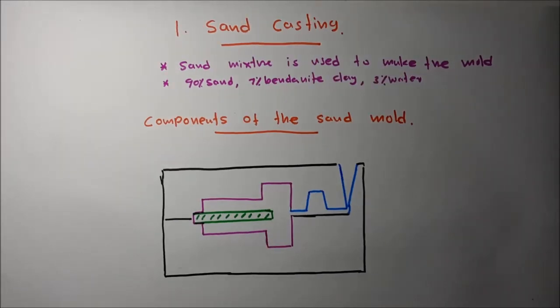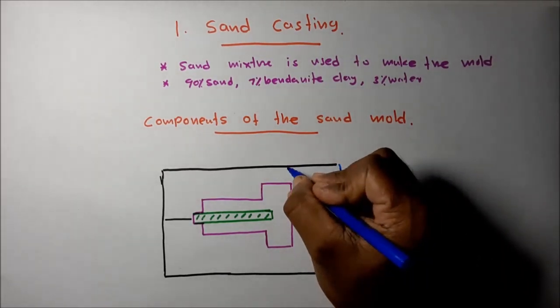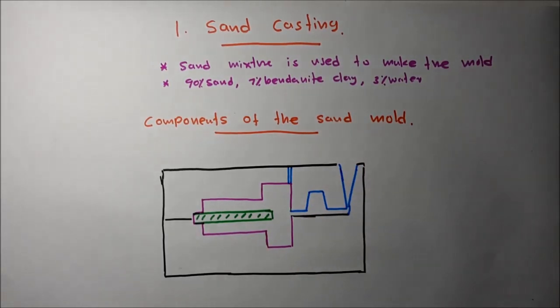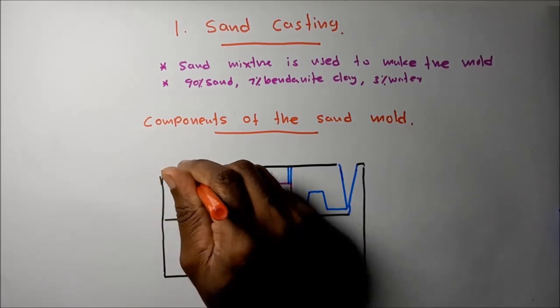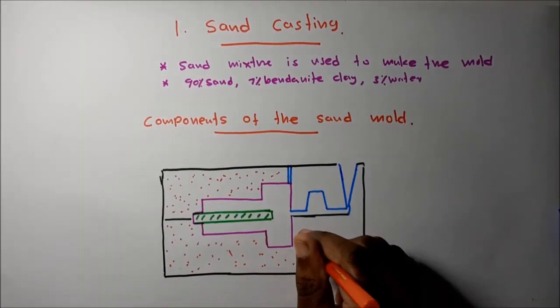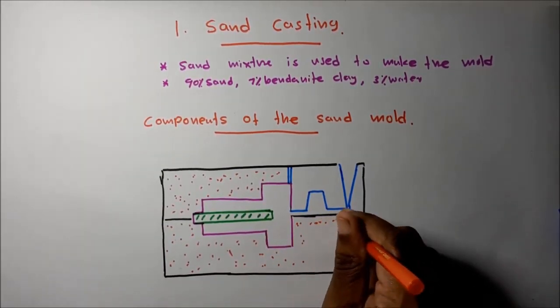This is the cross-sectional view, and also the vent hole. I will draw the vent hole also. Then this is sand. You can see the mold is made using the sand mixture.